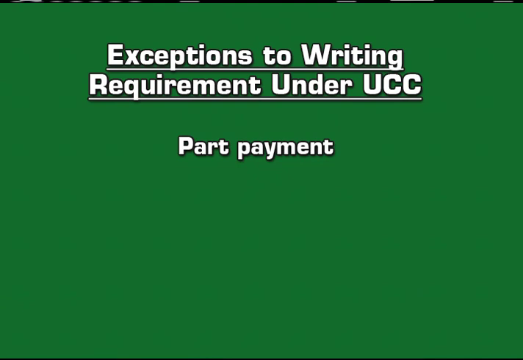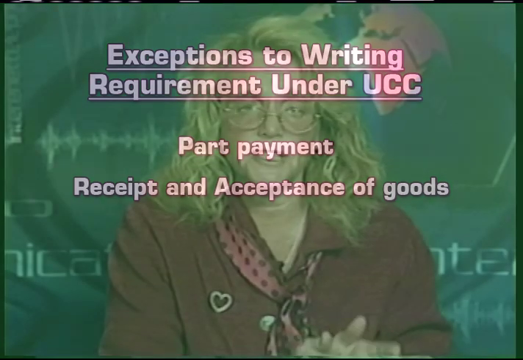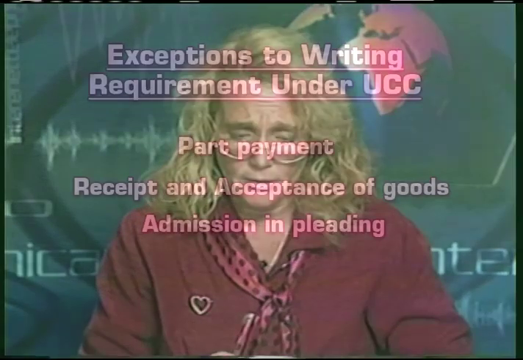Part payment. If part payment has occurred, then the contract comes outside of the statute of frauds upon part payment. Receipt and acceptance of the goods is another exception to the writing requirement under the UCC. If the goods have been received and accepted, you cannot then complain that you don't have a writing.